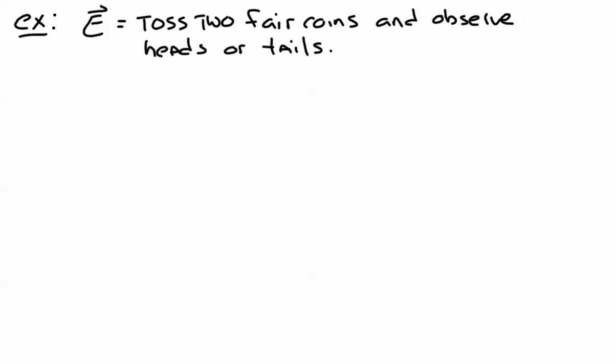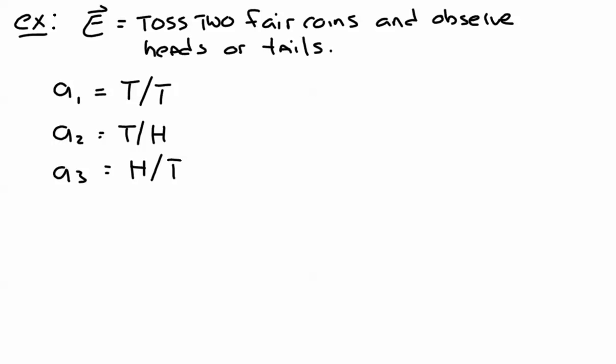We might list them like this. A1 is tails, tails. A2 might be tails, heads. A3 might be heads, tails, and A4 will be heads, heads.